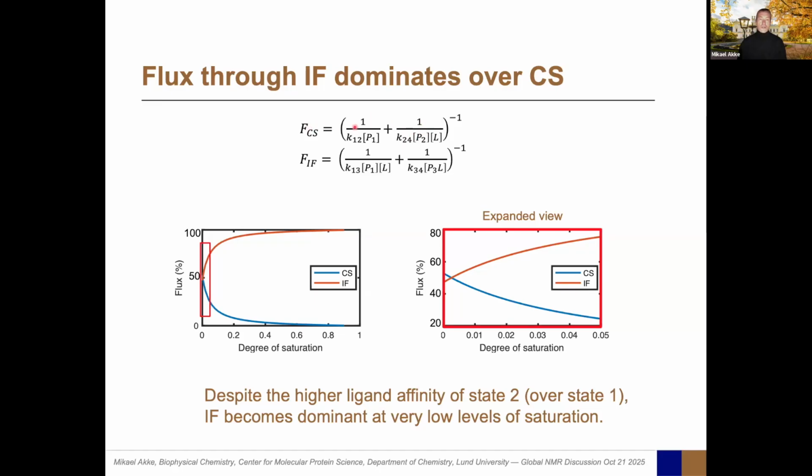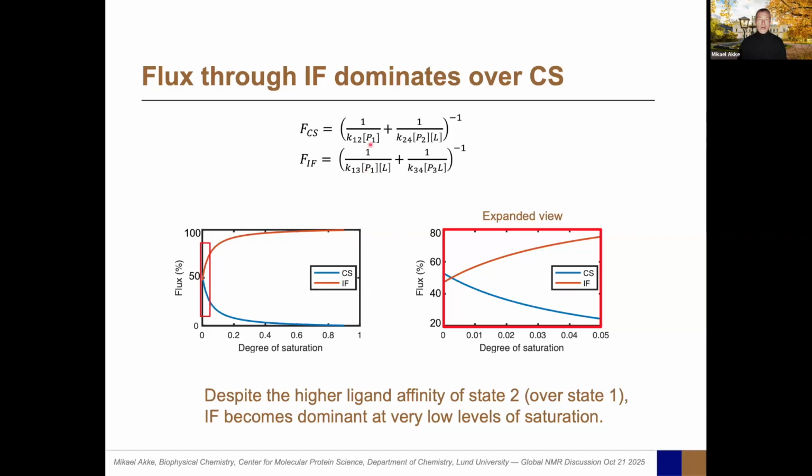So the flux is just the inverse of the sum of the waiting times at the intermediate states before you end up in the final state. And likewise here for induced fit, this is the waiting time in state 1 before you go to state 3, and this is the waiting time in state 3 before you go to state 4, and the inverse of that is the flux.